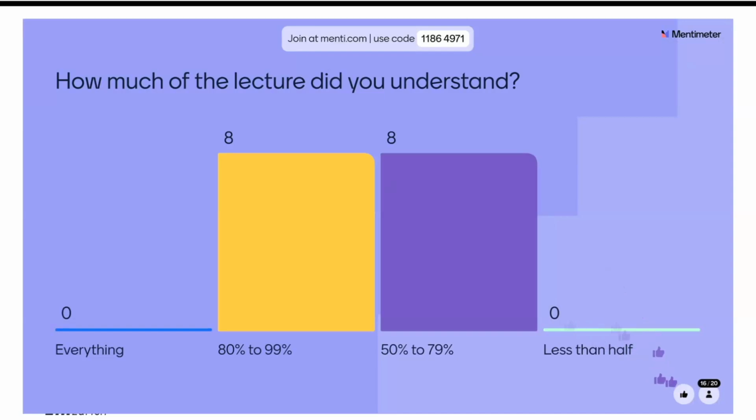So what I read from this is the speed is okay-ish, but maybe a tad bit fast for some of you, right? So I just need to be very careful that at least I don't accelerate. Maybe I slow down just a little bit. We still have a majority of people for whom the speed is al dente. Okay, very good. So nobody is completely lost, at least less than half, so some between 50 and 79.